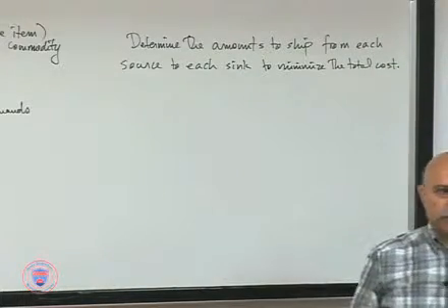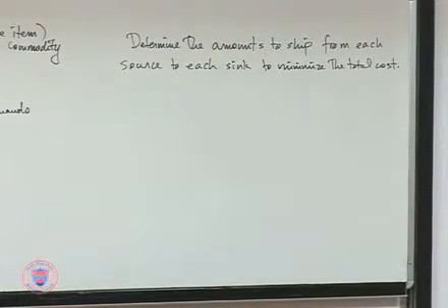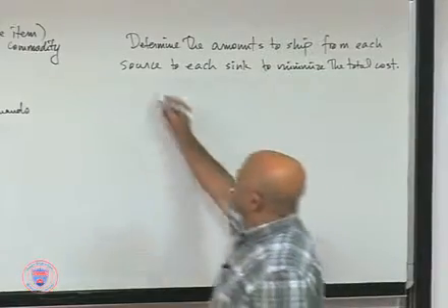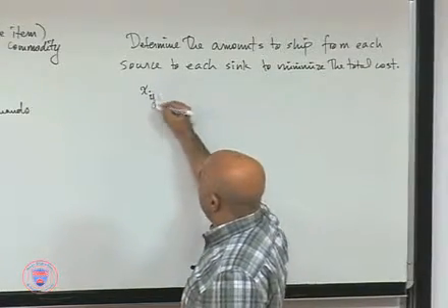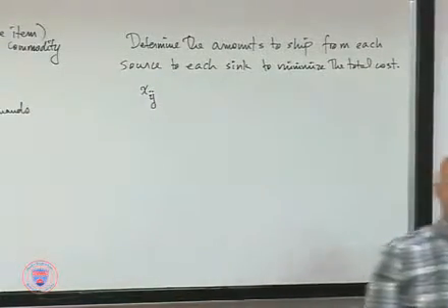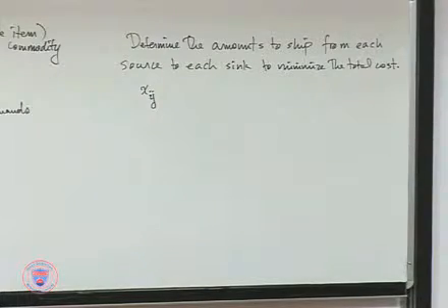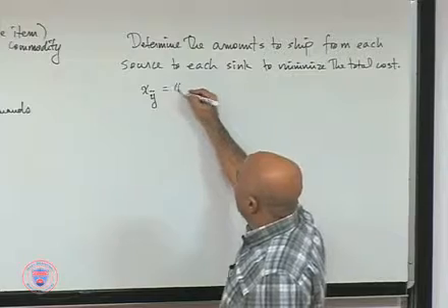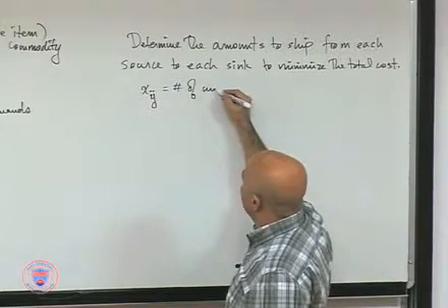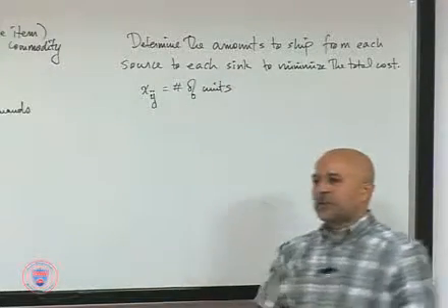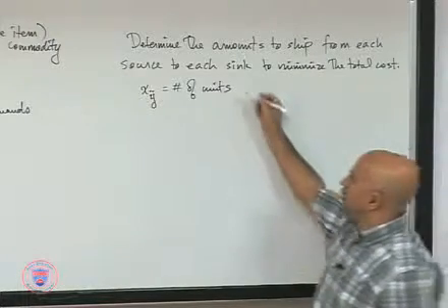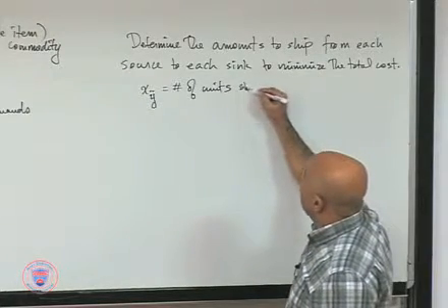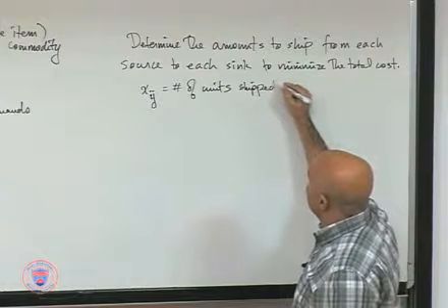That's the problem. And it's easy to formulate this problem if you define a double subscripted variable, xij, which stands for the number of units or the number of truckloads shipped from source i to sink j.